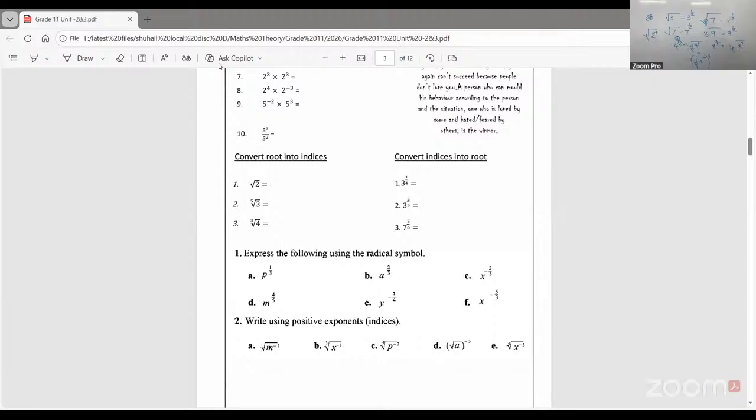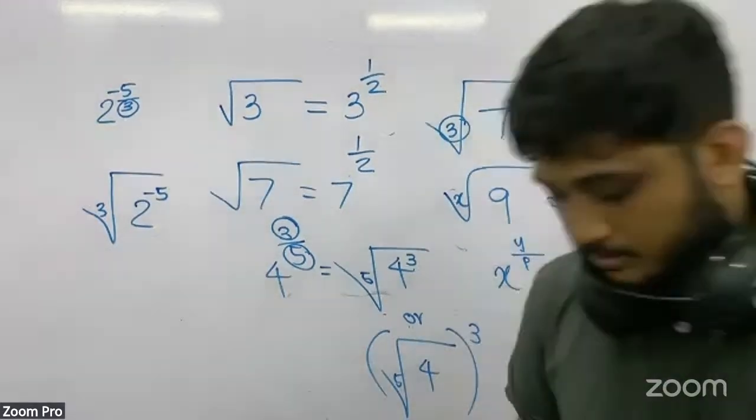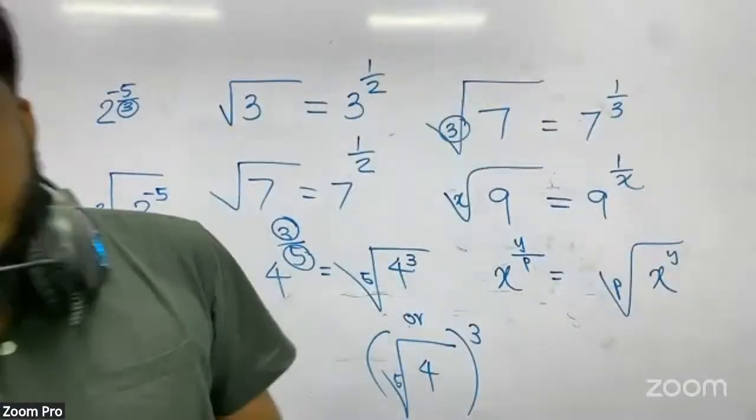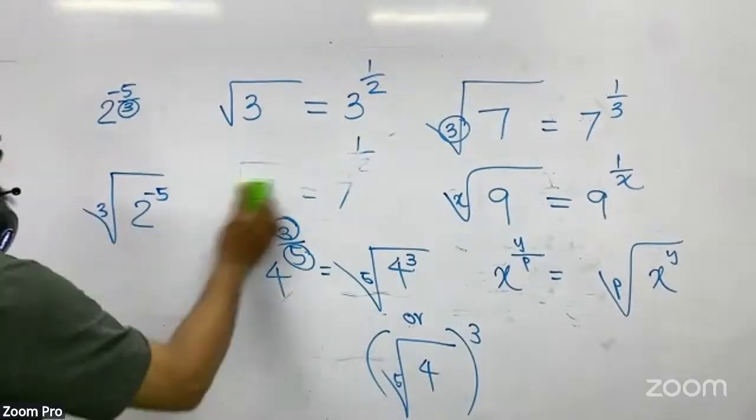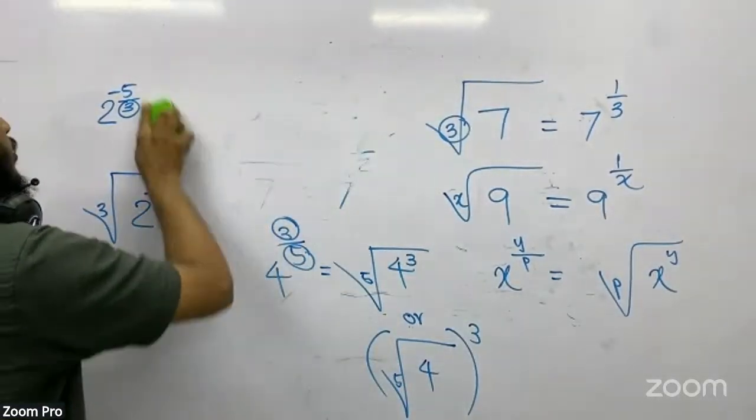We will discuss these things. Now you can see what you have on the screen, right? First thing, convert root into indices. Can you see the first one, square root 2? What should I do for the square root 2?